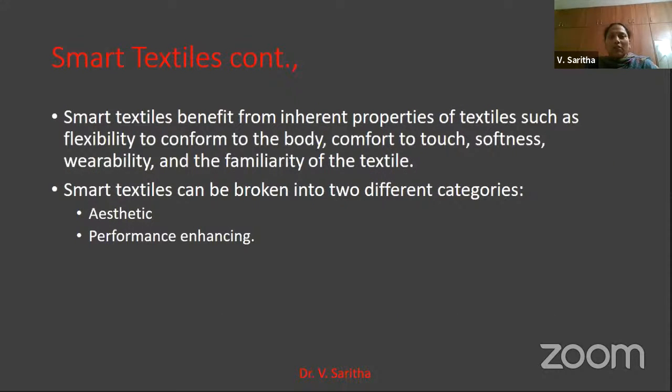So smart textiles benefit from inherent properties of textiles such as flexibility to conform to the body, comfort to the touch, softness, wearability, and the familiarity of the textile.